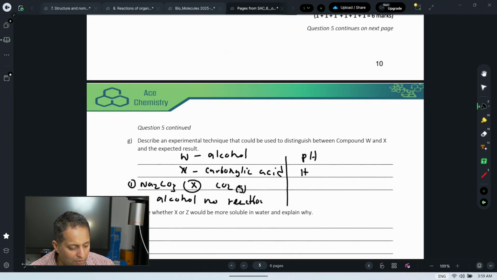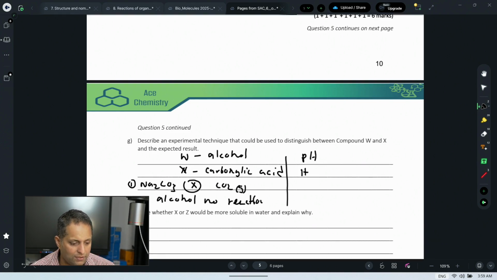If you put alcohol and carboxylic acid, alcohol will undergo oxidation with potassium permanganate or potassium dichromate, and that will change the color of the potassium permanganate from purple to colorless. Yeah, that's another reaction you can do. Acidified potassium permanganate, color changes.